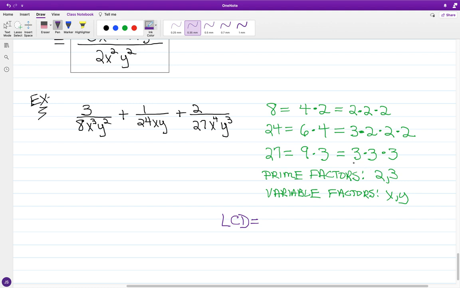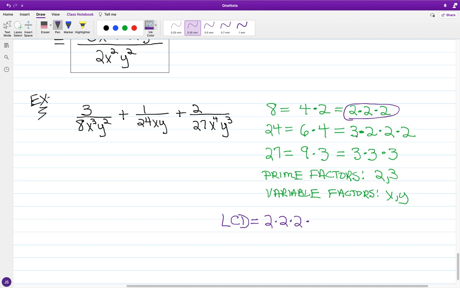Now with the number 2, it's not drawn out at all from 27. It's drawn out 3 times from 24, and likewise with the number 8. So the most that 2 is factored out, or the number of appearances from any of the factorizations, is 3 times. And with the number 3, it doesn't appear at all from 8.